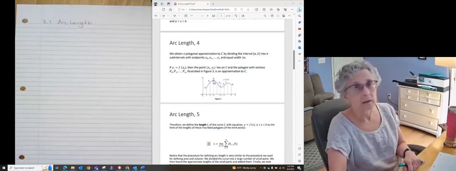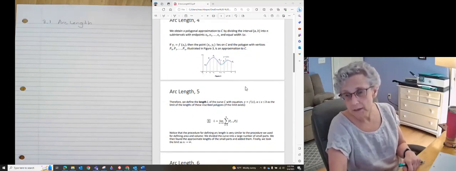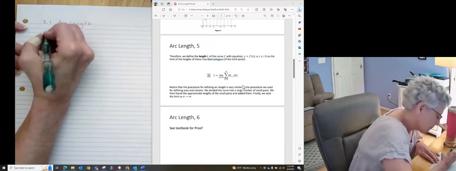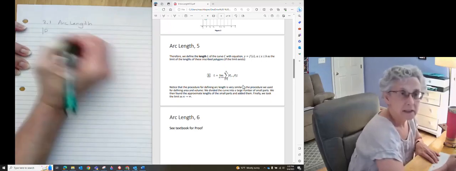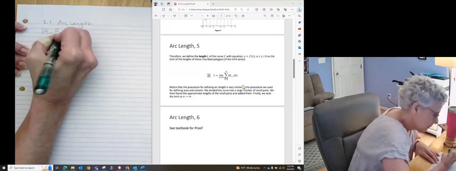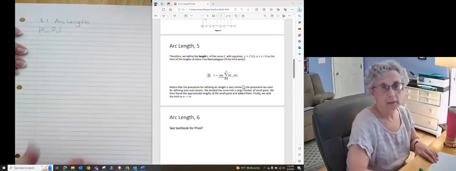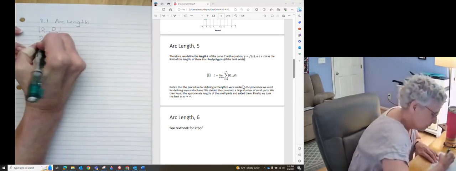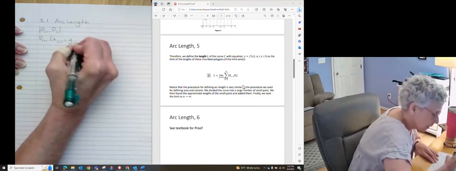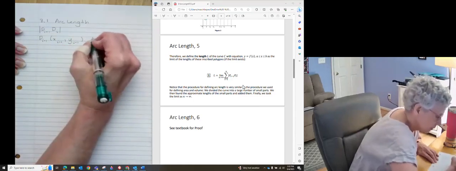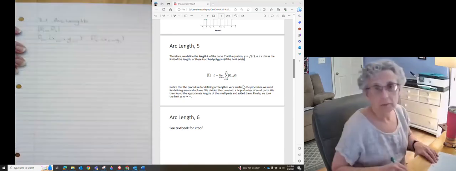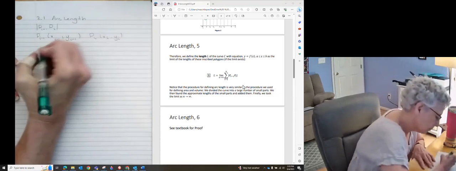We're dividing it into little pieces, little straight lines. So we look at the length of one of those little straight lines, and we'll call it the distance from point I minus 1 to point I. So P sub I minus 1 is x sub I minus 1, y sub I minus 1, and point I is x sub I, y sub I, because that's how we number things.